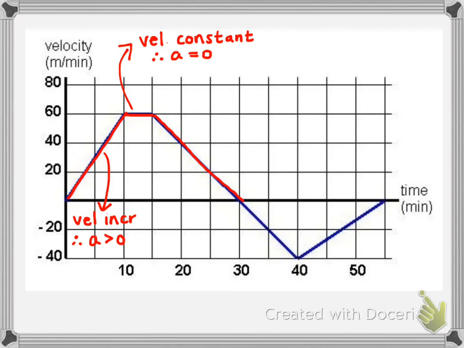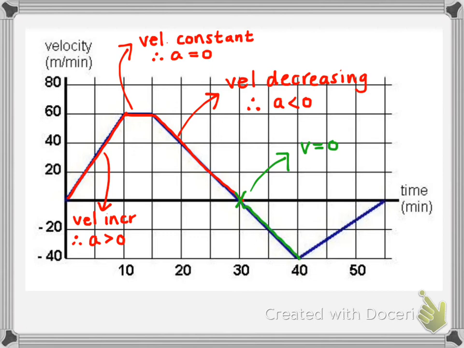And what that means is that the object's slowing down from 60 down to 0. And so here we show a velocity that's decreasing. In other words, we have a negative acceleration, an acceleration less than 0. And then at this point at 30 minutes, the object has come back to a velocity of 0. In other words, it's stopped.